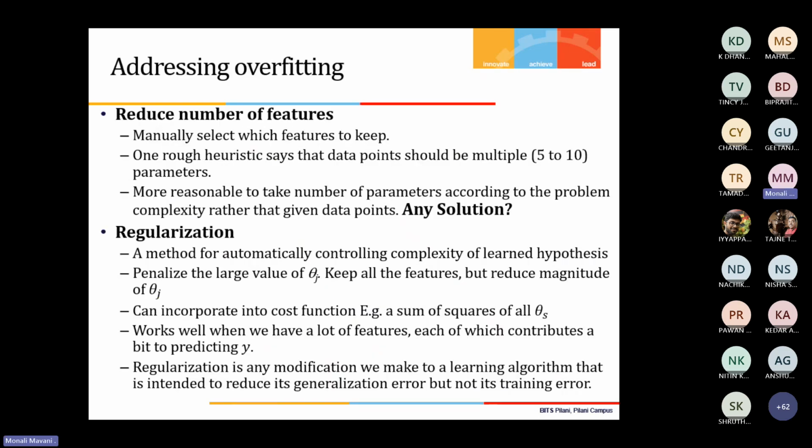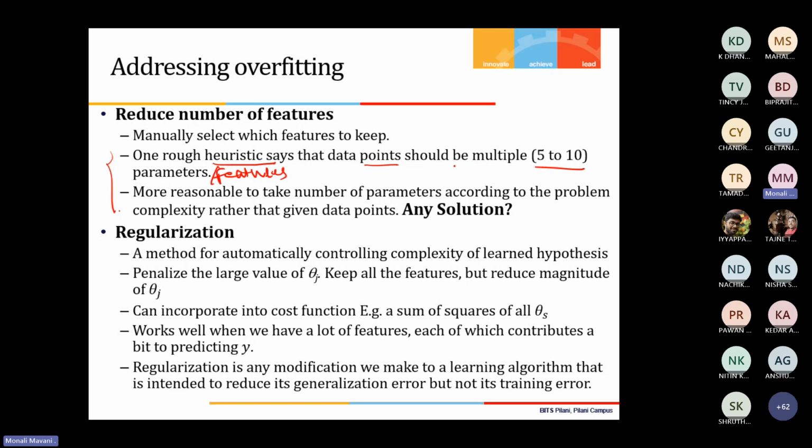There are other, more mathematical ways of handling overfitting. One is feature selection, reducing feature importance. Or one heuristic says your data points should be 5 to 10 times the number of parameters, and parameters mean features, with every feature having one parameter. Somebody found experimentally that your model will not overfit if your training examples are 5 to 10 times the number of features.